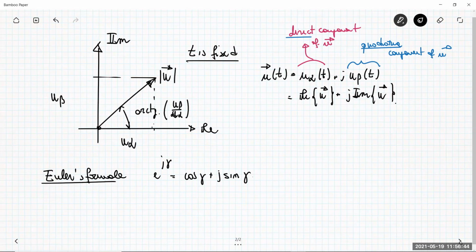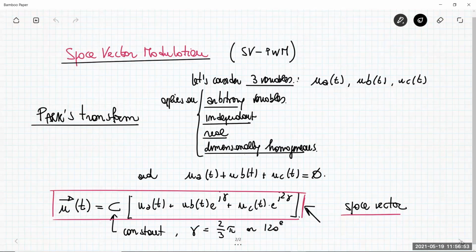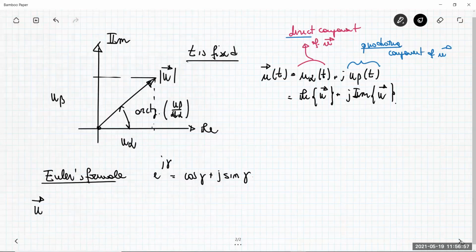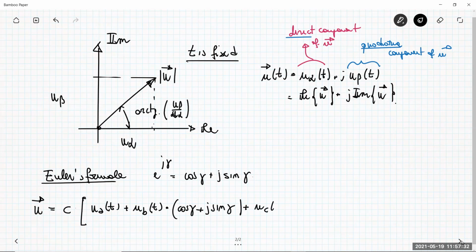So if I use this formula and apply it on this representation of the space vector, I get these steps: u, which is c, that multiplies ua(t) plus ub(t) times exponential of j gamma, and exponential of j gamma is provided by cosine gamma plus j sine gamma, and then you have uc(t) multiplied by an exponential function which is e to the 2j gamma, and so we have cosine of 2 gamma plus j sine 2 gamma.